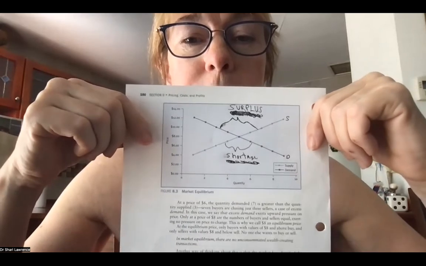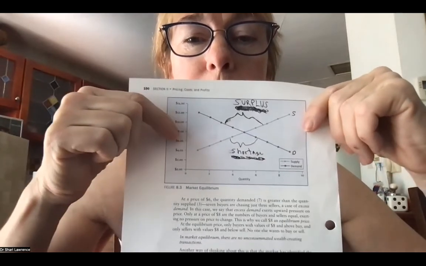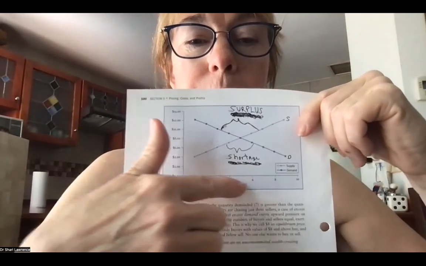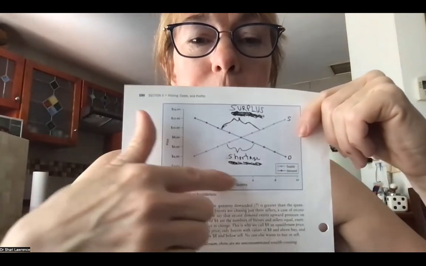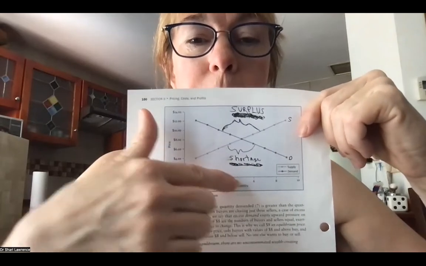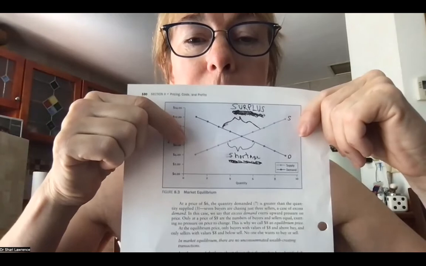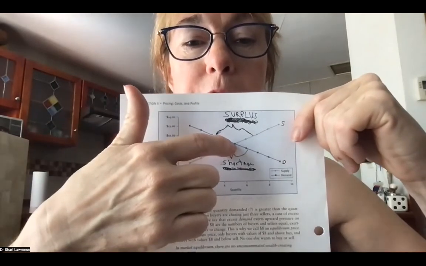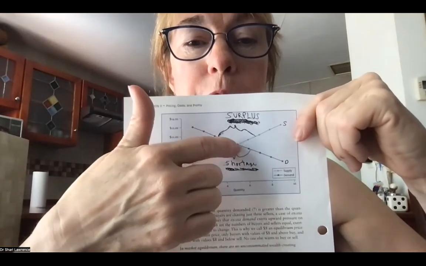Let's pretend that this is the minimum wage right here. And this is the number of people looking for work at the minimum wage. All right, so let's just say the minimum wage is $10 an hour. That's the equilibrium. At $10 an hour, you have X amount of people looking for work.